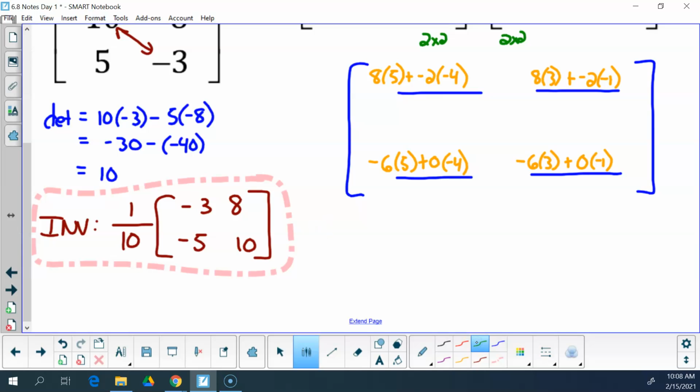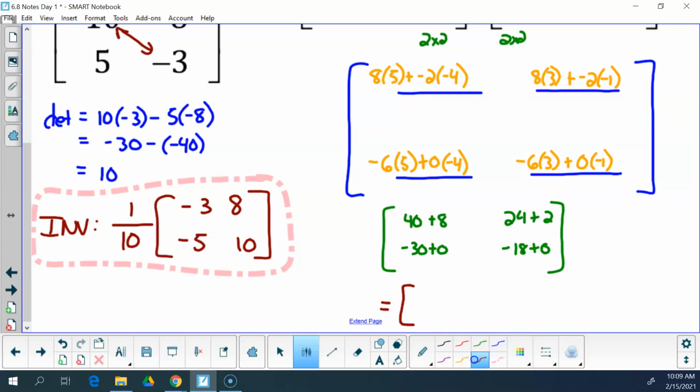So we would have 40 plus 8, 24 plus 2, negative 30 plus 0, negative 18 plus 0. So that will be a 2 by 2 matrix of 48, 26, negative 30, negative 18.